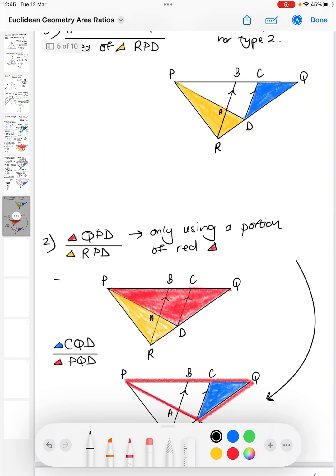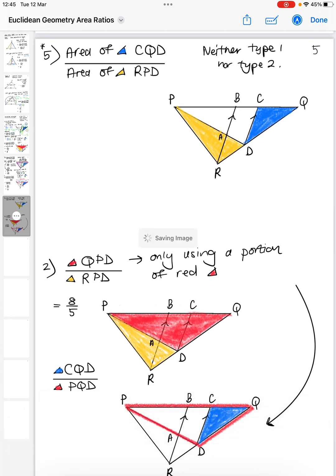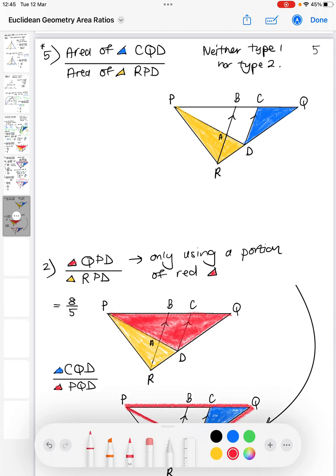So I'm going to put that in over there, 8 over 5. Now, I'm not using the whole red triangle. So what I'm saying here is that I'm only using a portion of red triangle. I'm not going to use the whole one because they don't want the whole one. They only want the blue part.